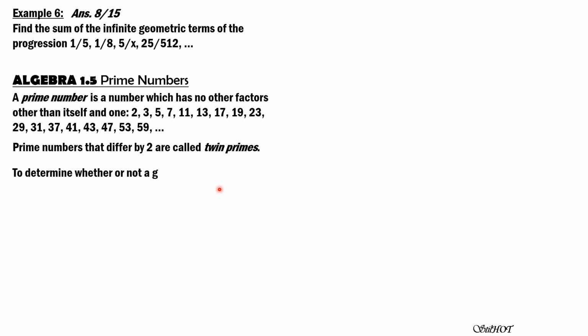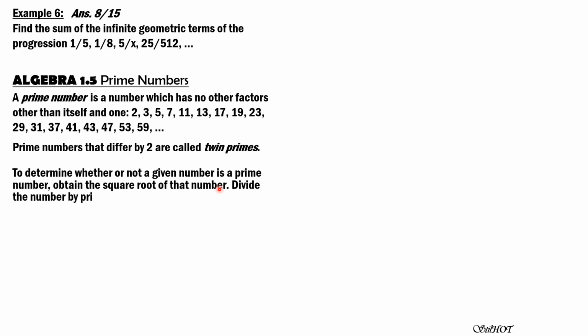So to determine whether or not a given number is a prime number, obtain the square root of that number, then divide the given original number by prime numbers from 2 up to the nearest prime number less than the square root of the given original number. But of course, we do not consider 2 and 5 because when the number is divisible by 2 or by 5, it's of no use.